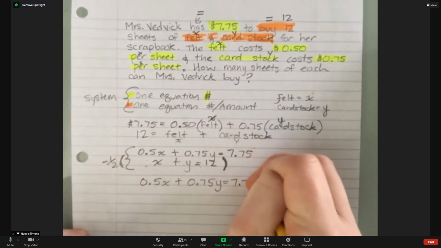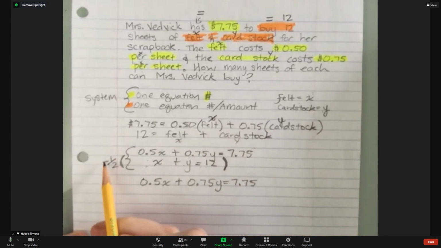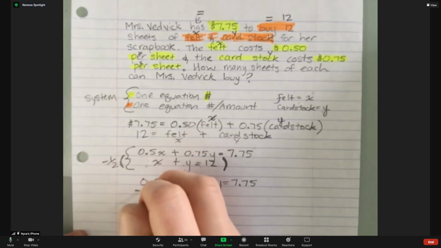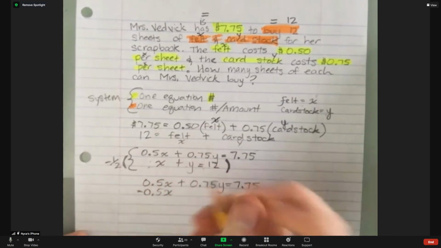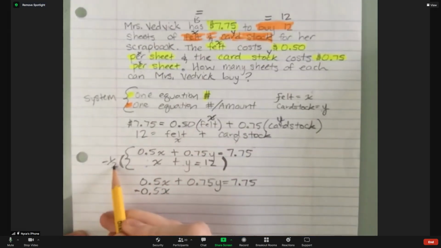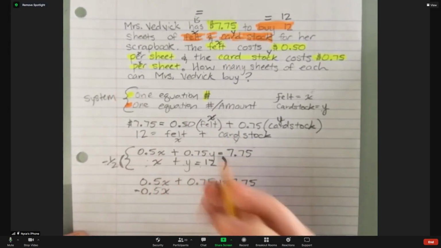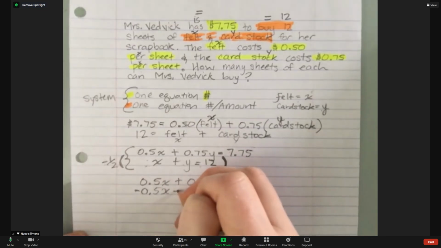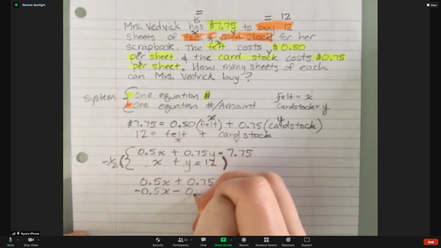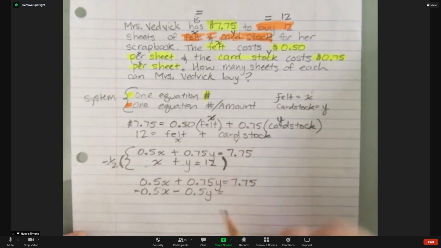The first one, I don't do anything. The second one, what is -1/2 times 1? That's -0.5x. And -1/2 times 1 for the y is -0.5y.